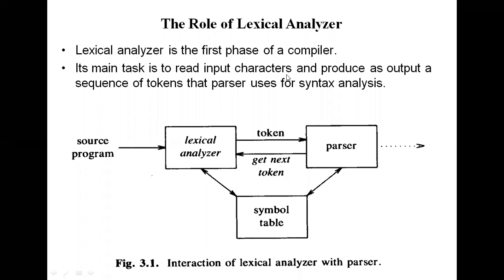So it reports the errors encountered while generating the tokens. Finally, the lexical analyzer works in two phases. In the first phase, it performs the scan. In the second phase, it does lexical analysis, which means it generates the series of tokens.